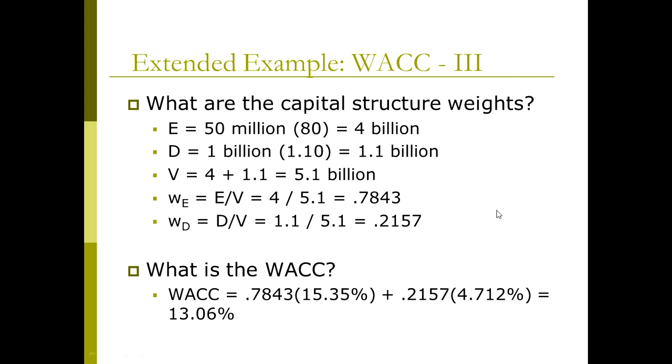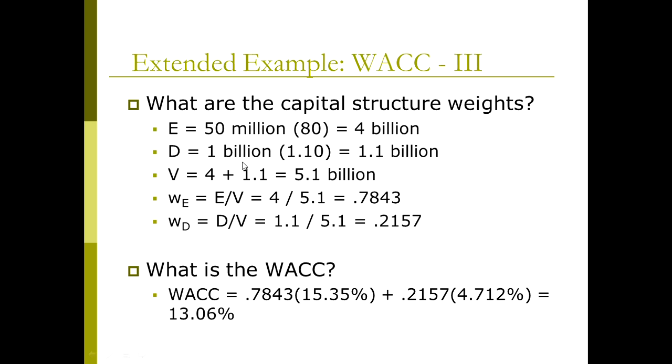The next step, we're going to calculate the capital structure, which is the weight of the equity and the debt. The total market value of the equity is 50 million shares outstanding times $80 per share, so totally $5 billion.